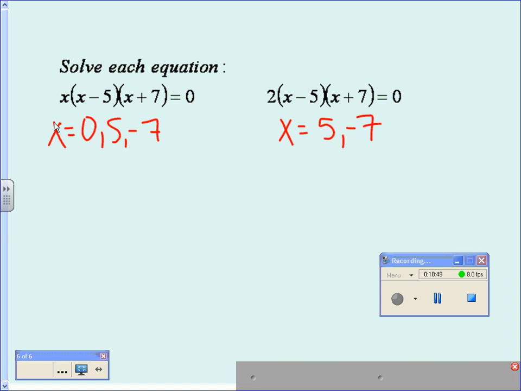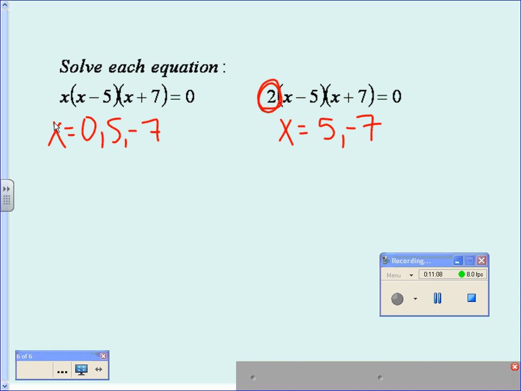What is out here? Is there any way for that 2 to make the equation a 0? There's not a variable there. Does that make sense? So you can't say x equals 2 is a solution.